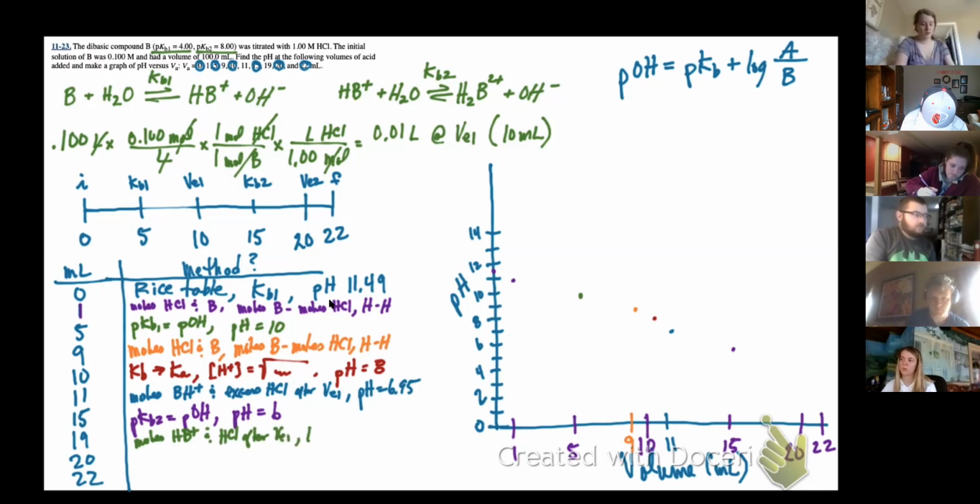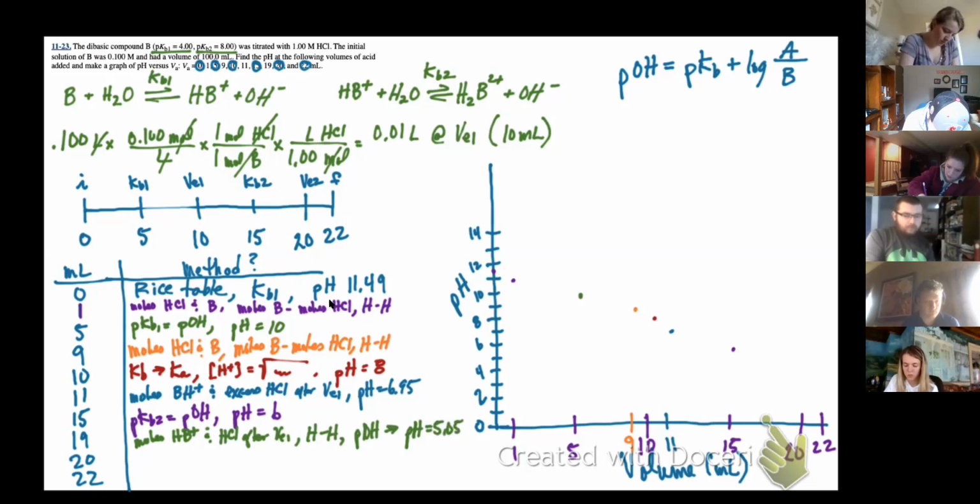Yep. And then you're using the Henderson-Hasselbalch equation to solve after that. Yeah, and that solves for pOH, and then you have to subtract from 14 and you get your pH. And you said your pH ended up being, what did we say, 6 exactly? No, 5.05. Oh yeah, okay.